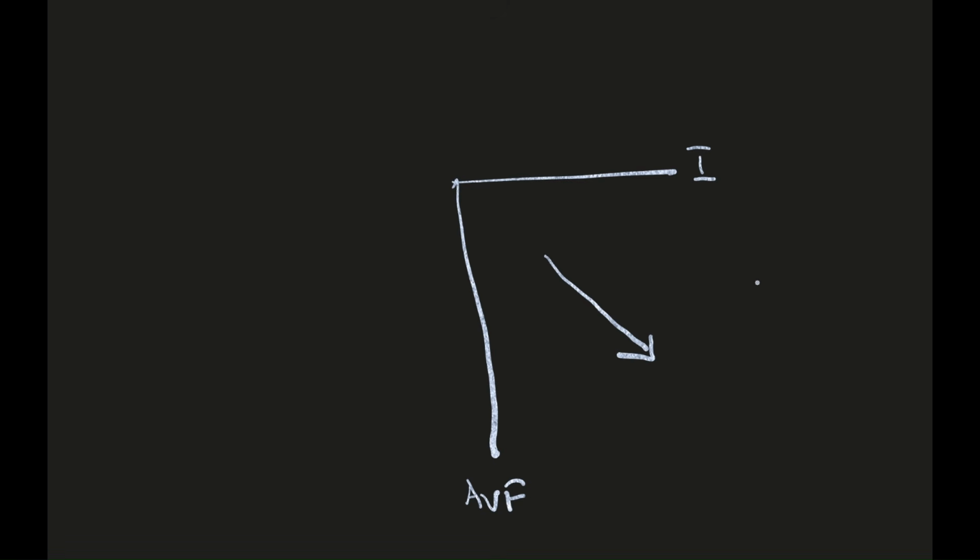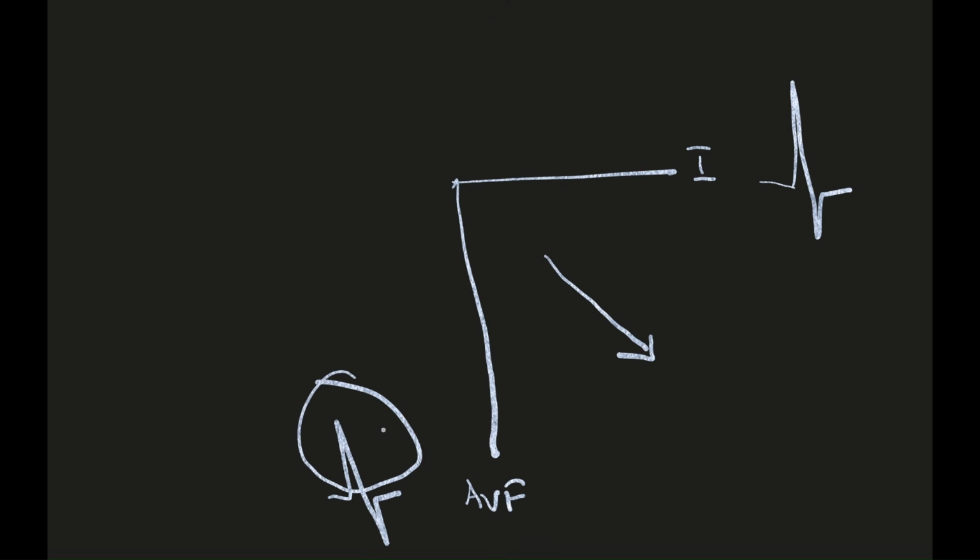If I'll draw the QRS complexes in lead 1, the QRS complex will be like this, and in AVF the QRS complex will also be like this. The current is flowing towards the leads, so on ECG there will be a positive deflection.